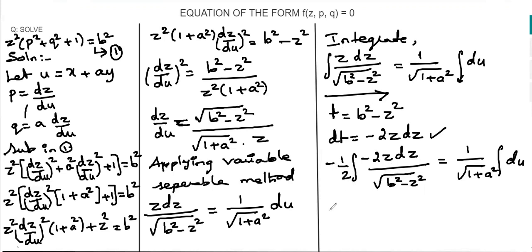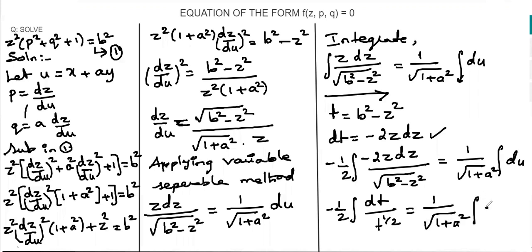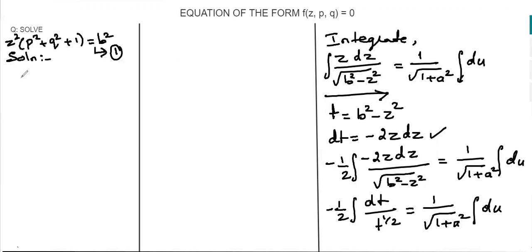Now negative 1 over 2 is there. Now replace the values: negative 2z dz is dt, over t to the power 1 over 2, equals 1 by square root of 1 plus a square integral du. So negative 1 over 2 times integral of t to the power negative 1 over 2 dt equals the constant 1 over square root of 1 plus a square integral du.